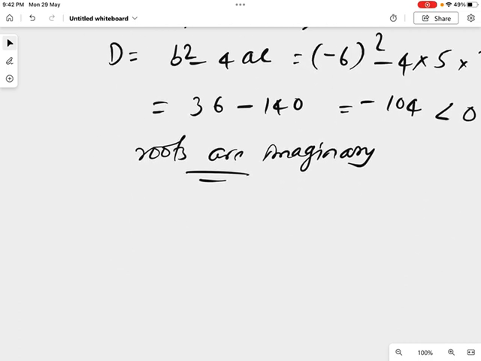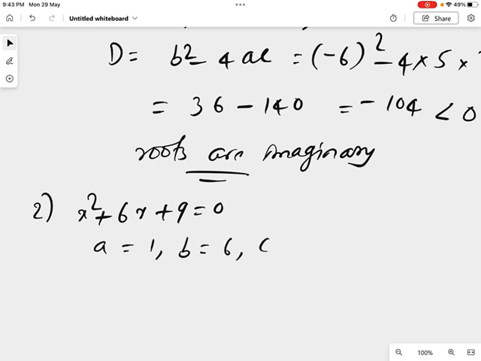The next question, the second one, is x square plus 6x plus 9 is equal to 0. Here a is equal to 1, b is equal to 6 and c is equal to 9.